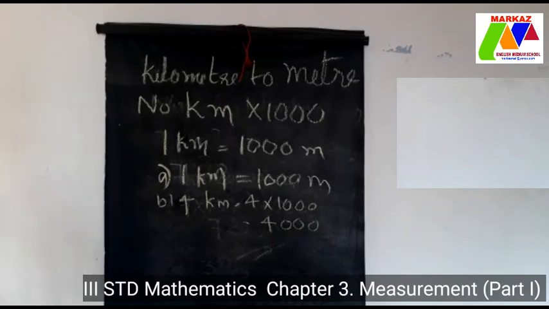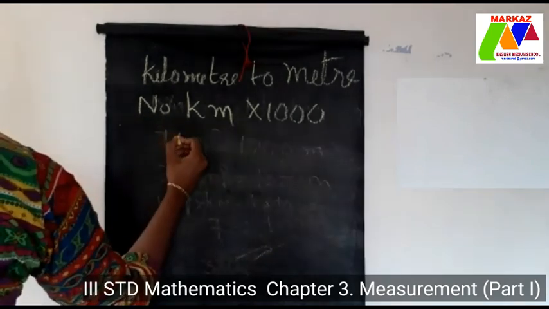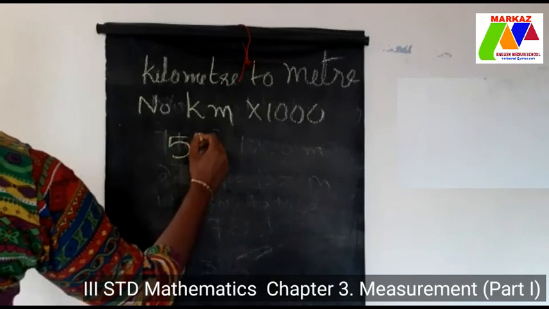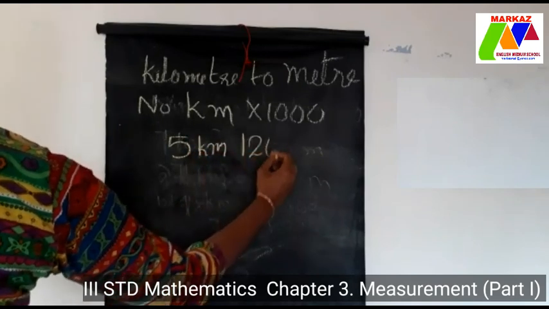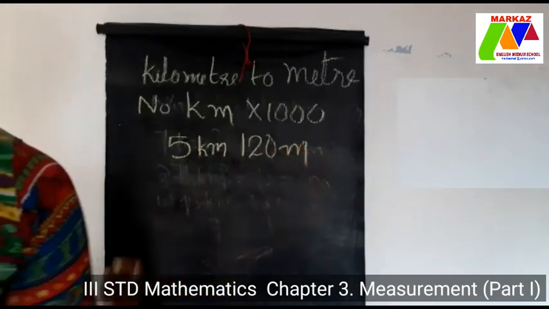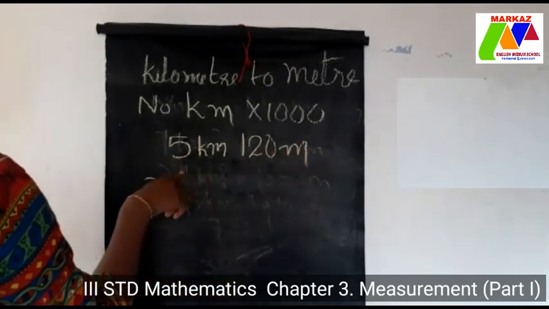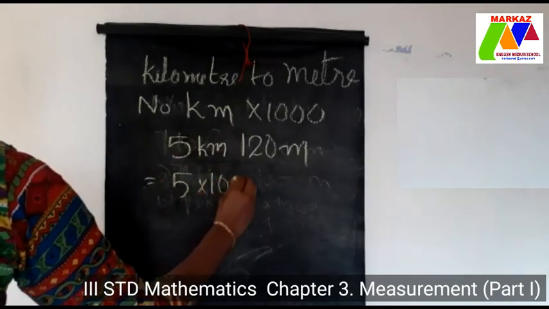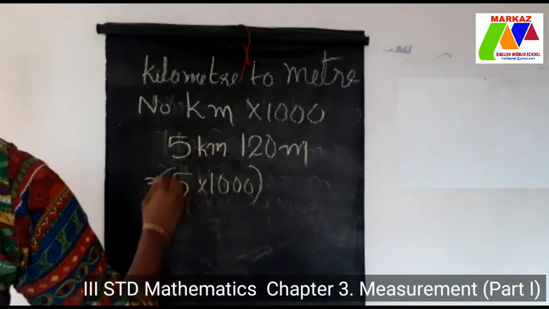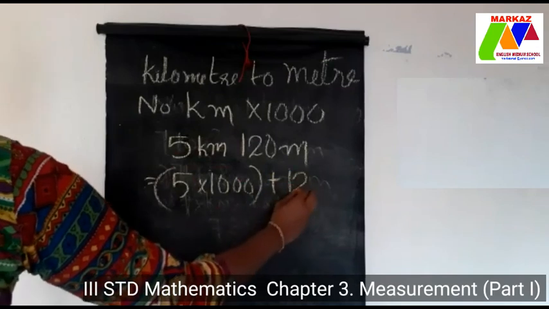Okay. Now let us move to the next section, the second section. So the example is 5 kilometer and 120 meter. So what we have to do? We have to convert this into meter. So 5 into 1000 plus that 120.